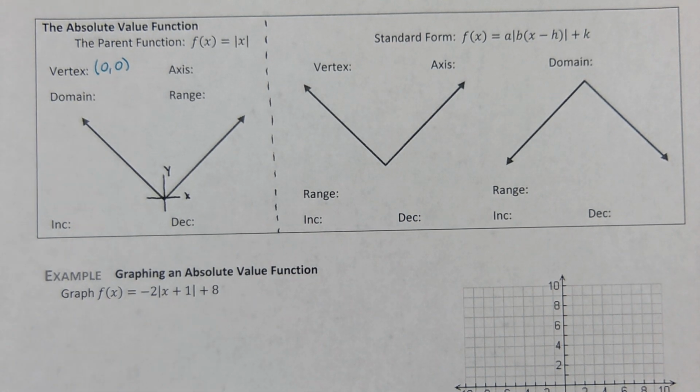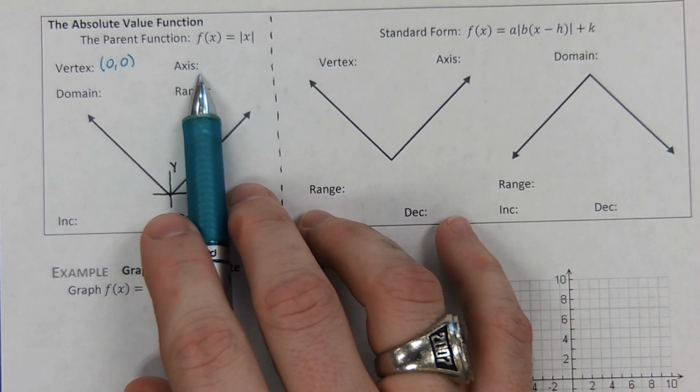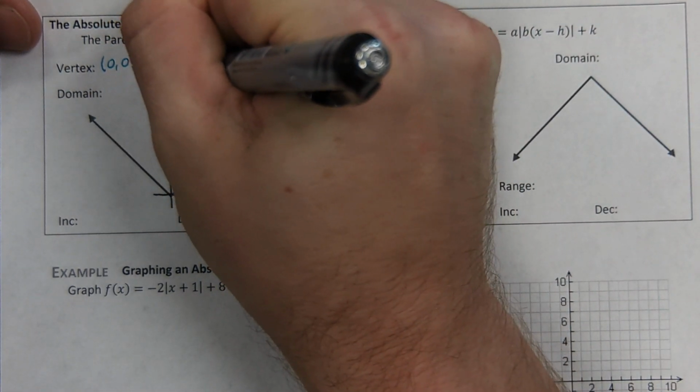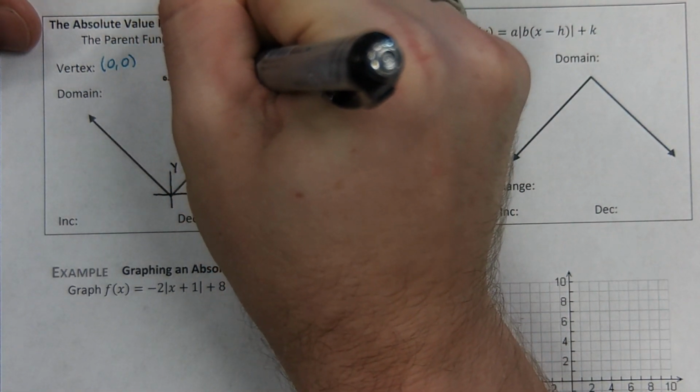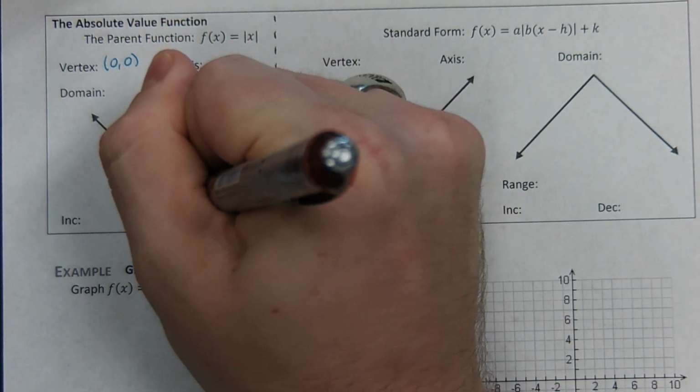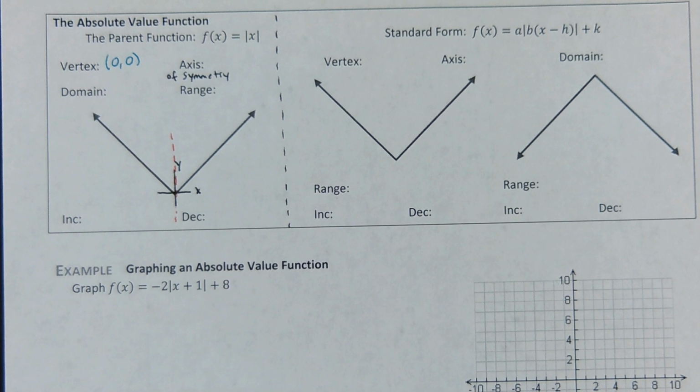But because it is an even function, it actually has an axis of symmetry. The axis of symmetry is the vertical line that goes through the vertex, which for the parent function happens to be the y-axis.